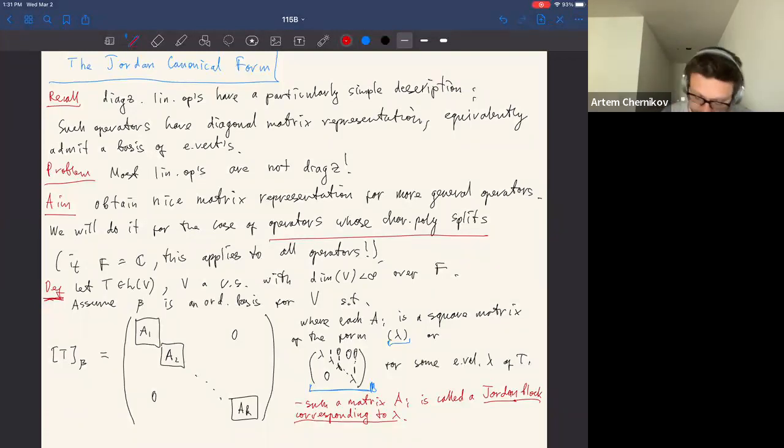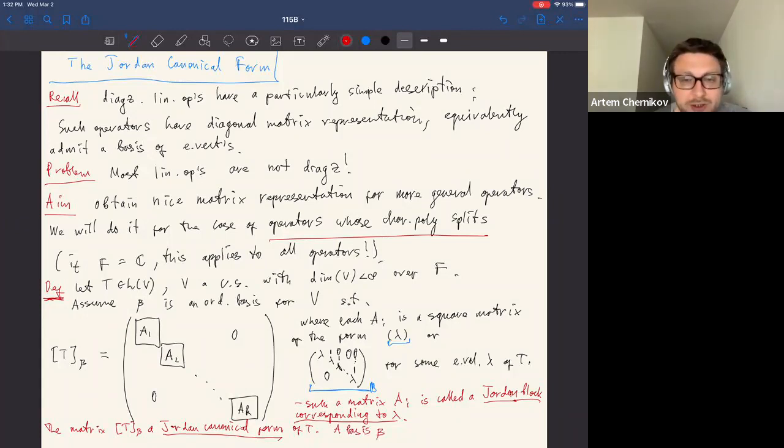The whole matrix T with respect to beta is called the Jordan canonical form of T. And finally, any basis beta so that the matrix with respect to it is a Jordan canonical form is called a Jordan canonical basis.